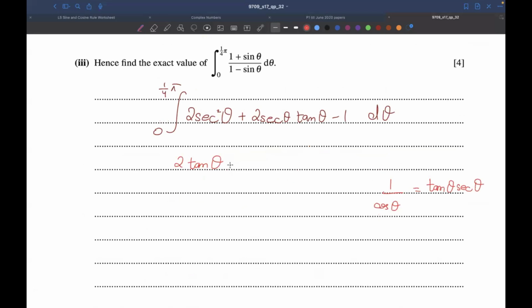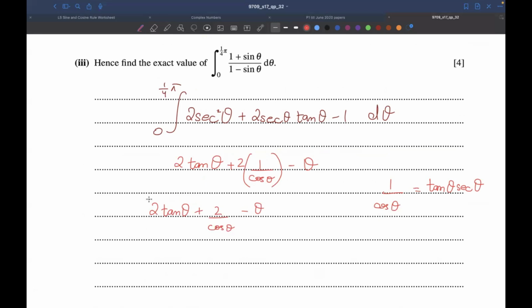So keeping 2 as constant, the integral of tan theta sec theta should become 1 upon cos theta. And the integral of minus 1 should become theta. So now we have the integral, which is 2 tan theta plus 2 upon cos theta minus theta.